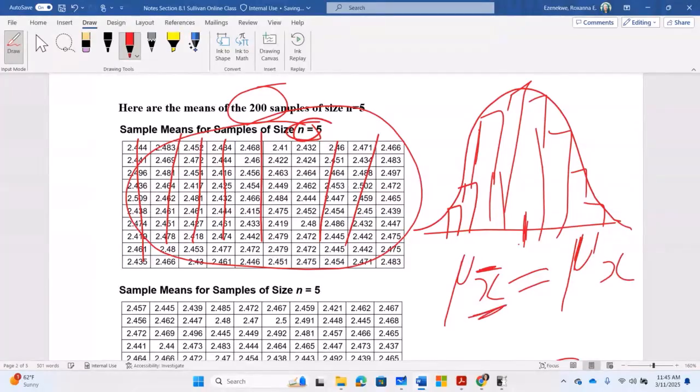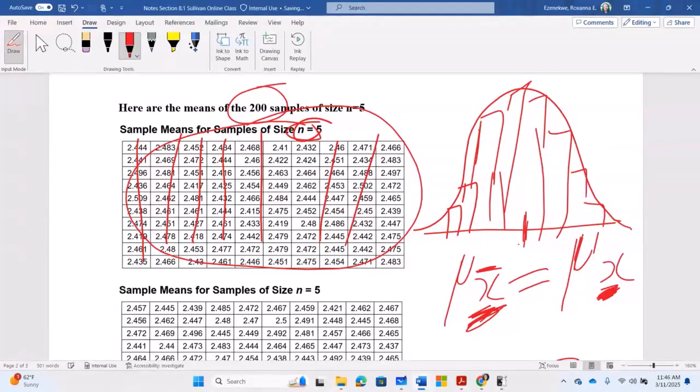I want you to know the difference. This is the mean of the central limit theorem when x bar is on top of it. This is the mean of the original data. X bar is not on top. This is the random variable x. The mean here is the mean of the original data.